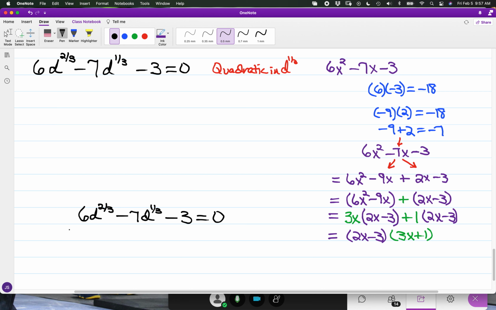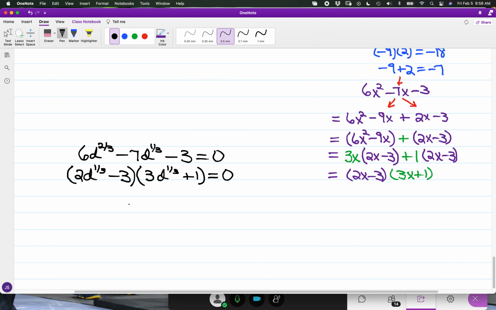For this equation in d, because it is quadratic in d to the 1/3, 2x is represented by 2d to the 1/3, minus 3, and 3x runs on a parallel course to 3 times d to the 1/3, plus 1, and we have equal to 0.